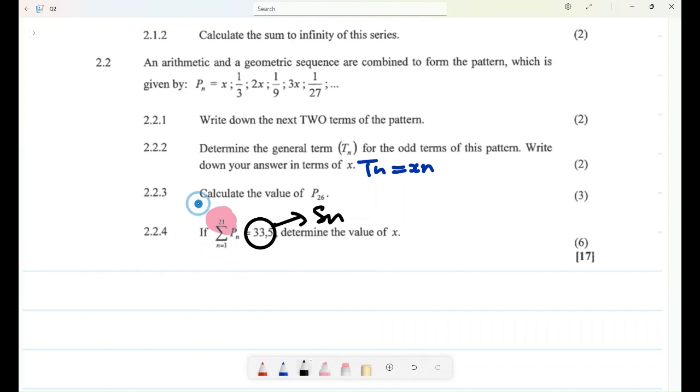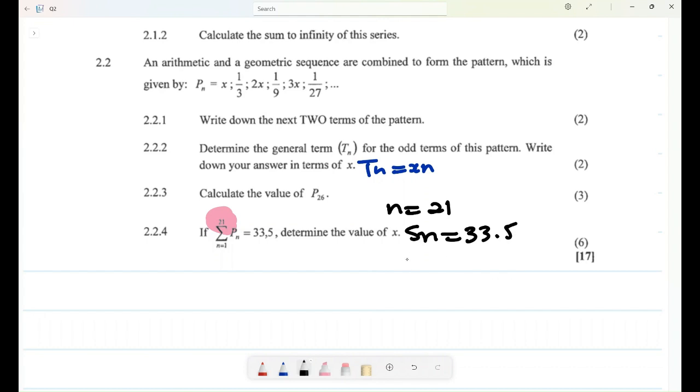But if it is equal to 0, the story will be different, because it will be 21 minus 0 plus 1, which is 22. So now we have 21 terms. Sigma is equal to 33.5.